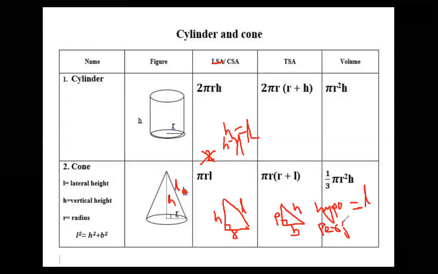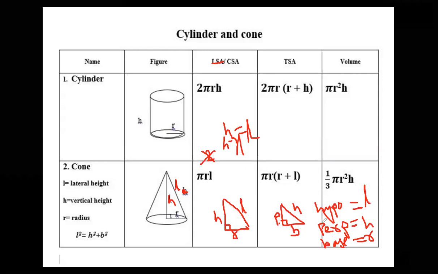H. The perpendicular standing is H. Instead of perpendicular, there is height. And in case of base, what is there? Radius. Base means radius, R.